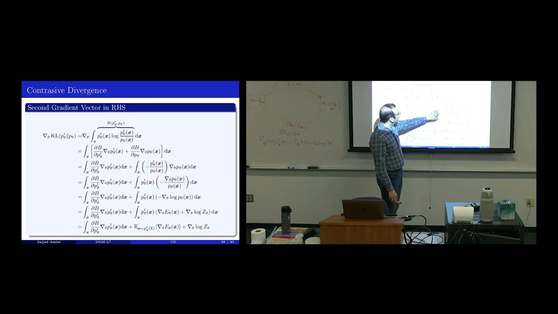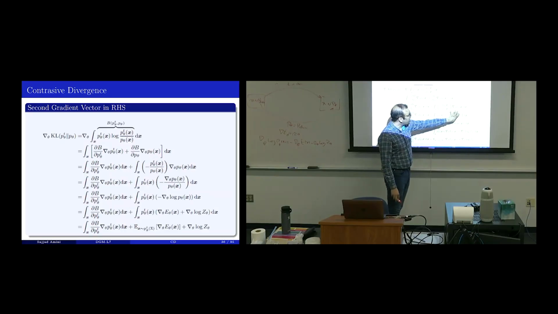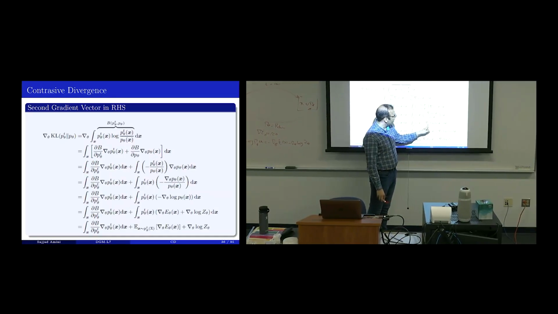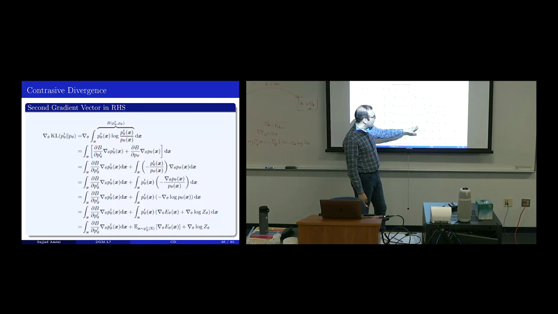Exactly as before. The differential of B with respect to P theta is this ratio. I put the minus and the denominator in the second part. This ratio is the minus gradient of the log of P theta, okay? And this is equivalent to something like an expectation.